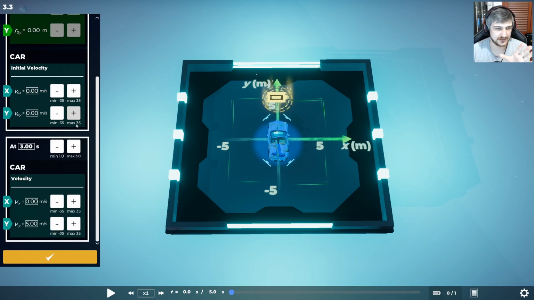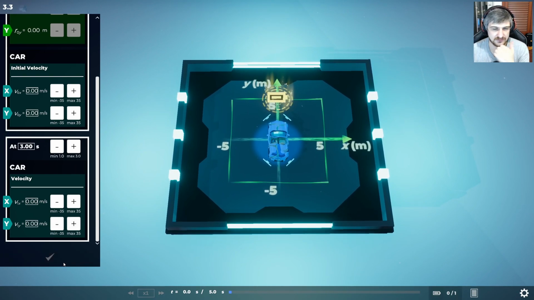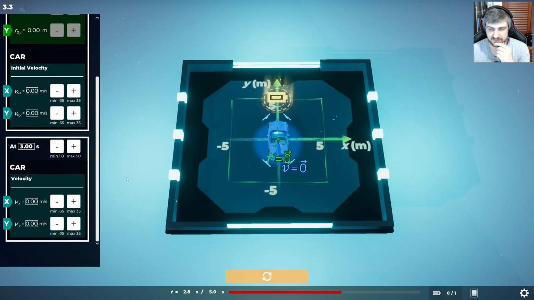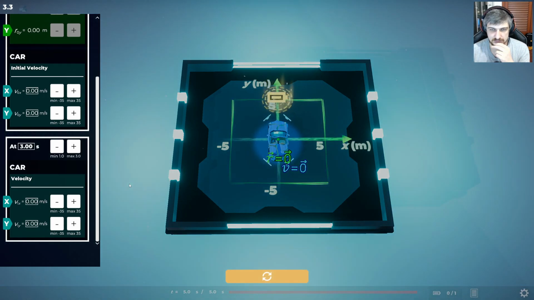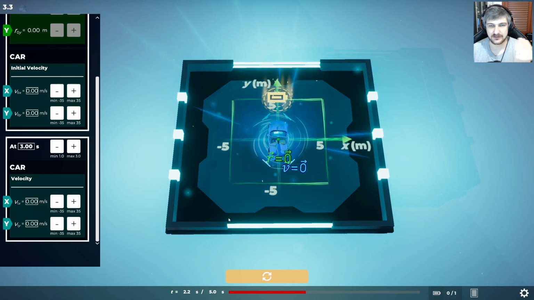Initial velocity, nothing. At 3 seconds, we go here and we kill ourselves. Like, I understand we could just not do anything and survive the level, but we don't get the battery. Does that count as a win?